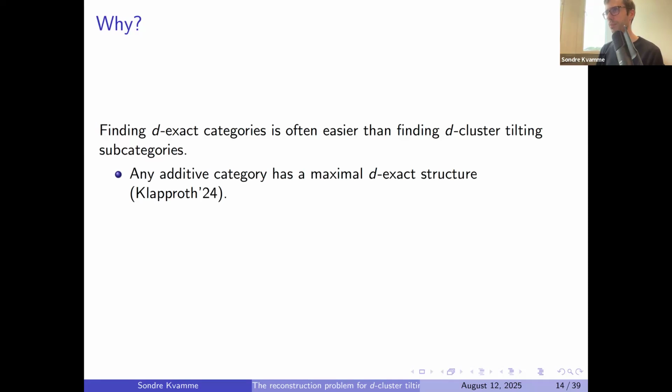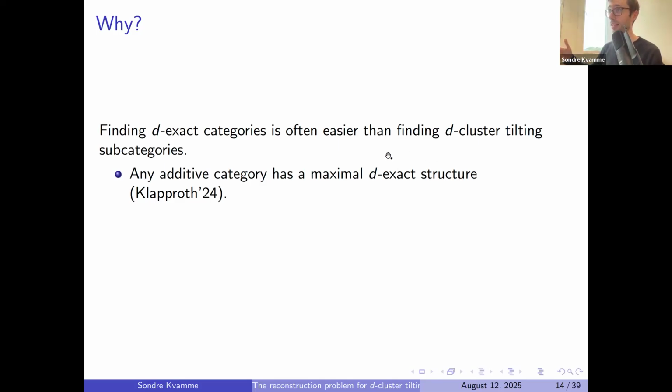One is the recent preprint of Carlo Klaprow from 2024, where he shows that any additive category has a maximal D-exact structure. So this is a generalization of a result by Wolfgang Rump, which states that any additive category has a maximal exact structure, no D, but he generalizes this to higher Auslander theory, to D-exact categories.